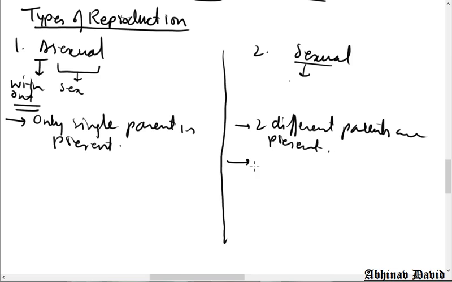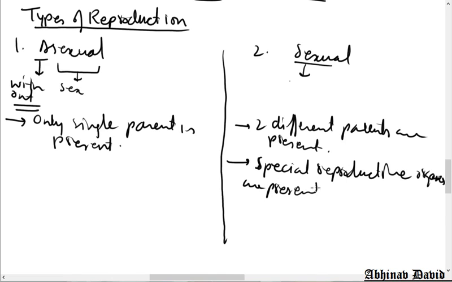Now let us discuss the next point. Special reproductive organs are present in sexual reproduction. What about asexual? No special organs are present, so specialized organs are absent.